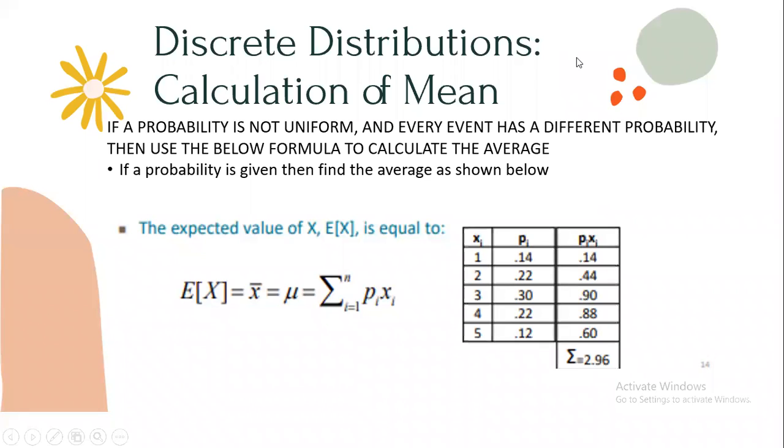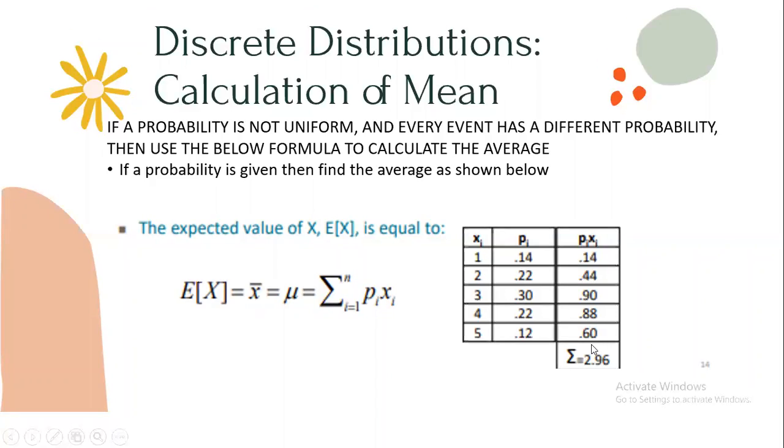then the way you calculate this is 1 multiplied by 0.14, which is 0.14. Then you multiply 2 by 0.22, that's 0.44. 3 multiplied by 0.3, 0.9. 4 multiplied by 0.22, which is 0.88. 5 multiplied by 0.12, which is 0.60.